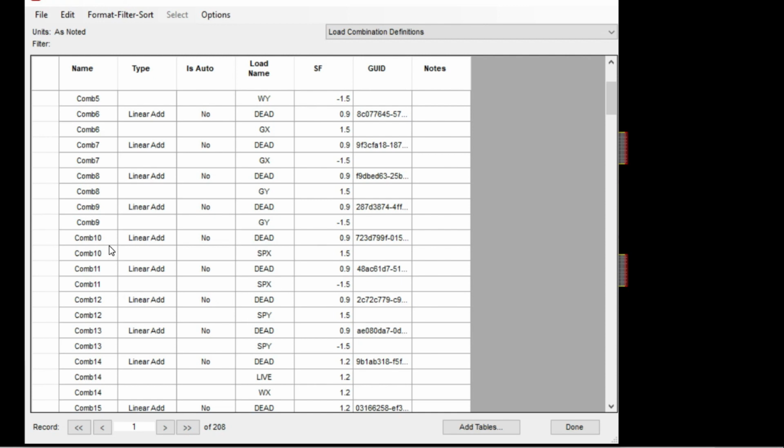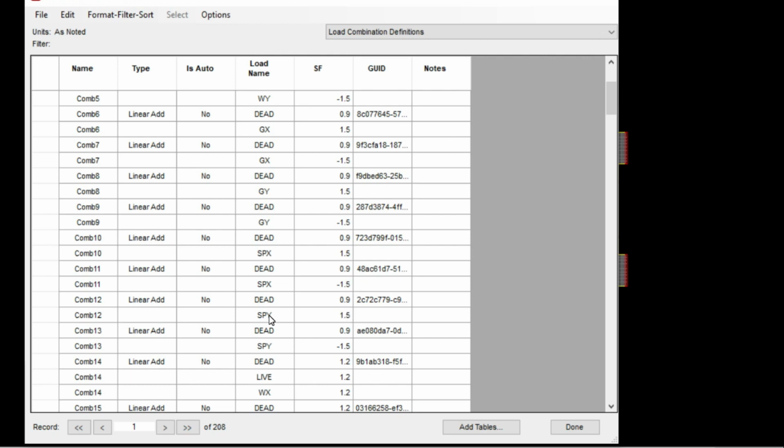Then you can see the combination number 10. It is dead load and SPX, that is response spectrum earthquake load in X direction. So here its multiplicand is plus 1.5 and here it is minus 1.5.